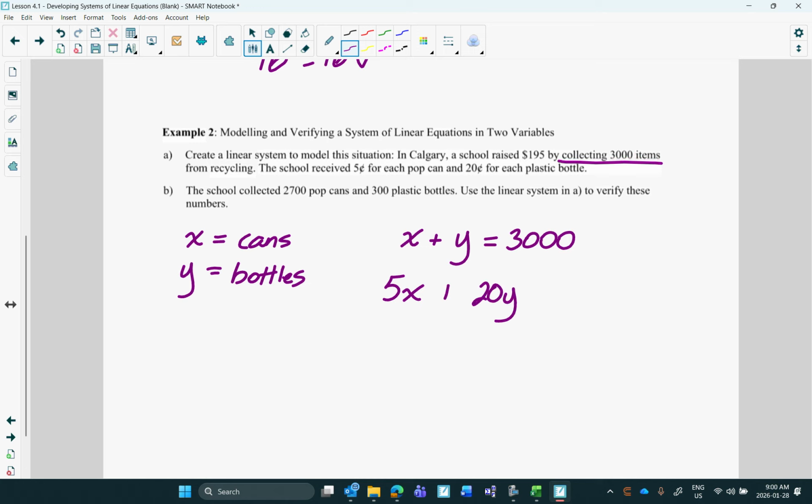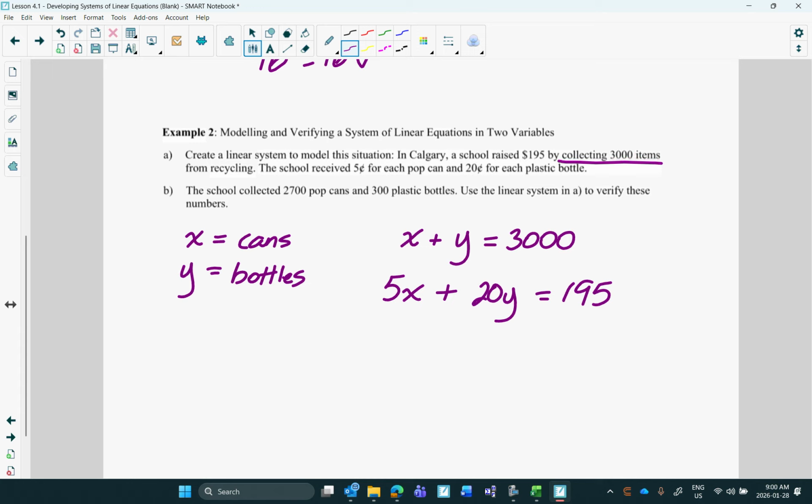And when I add those total amounts up, I get 195. But there's something wrong. This is almost right. But you've got to look at the question carefully to see that we have to actually change one of the numbers.